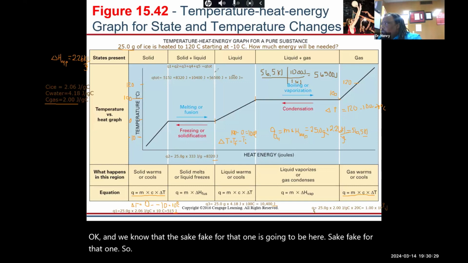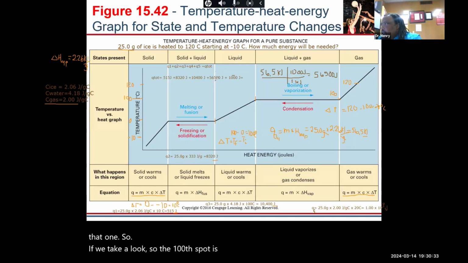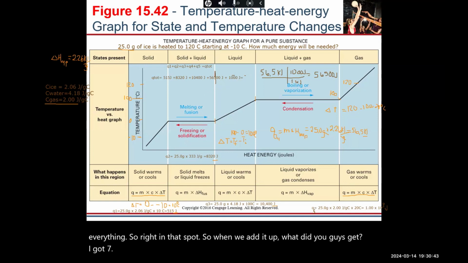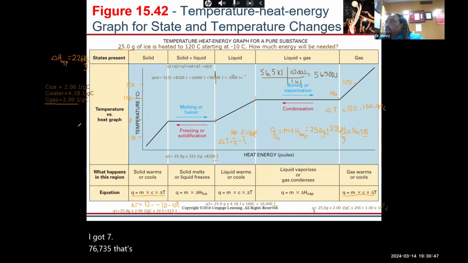So the 100 spot is where our significance is going to end for everything. When we add it up, what did you guys get? I got 76,735. That's right. That's exactly what I got.